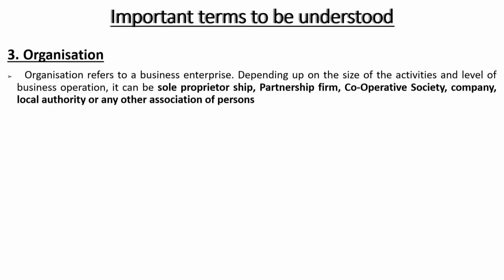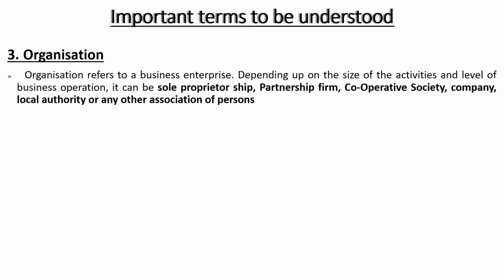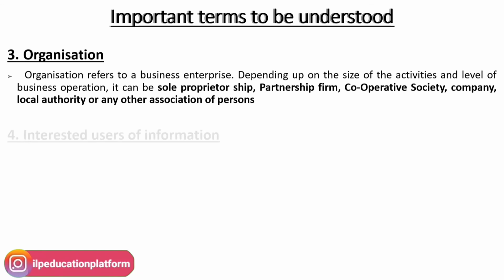Companies are large organizations in which a large number of people will be involved. There are private companies and public companies. Local authorities are panchayats or other associations, or any other association of persons may be termed as organizations. However, as far as we are concerned, organization refers to business enterprises.